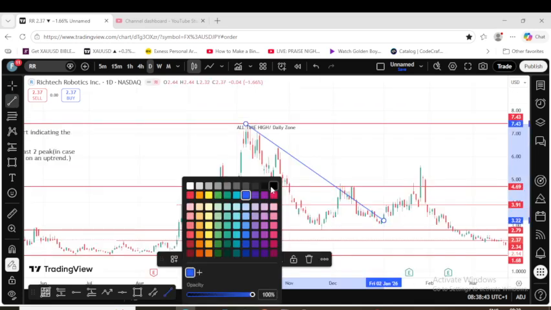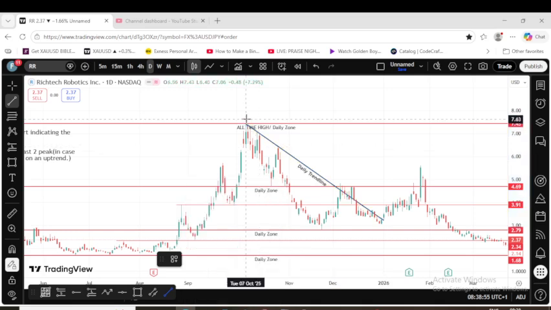This is my daily trend line. I can also draw another one like this. This is also my daily trend line.